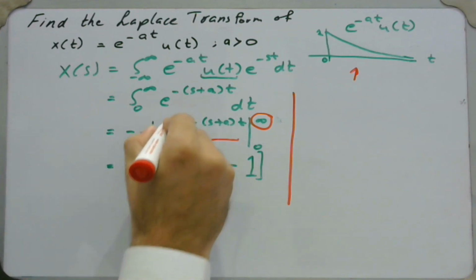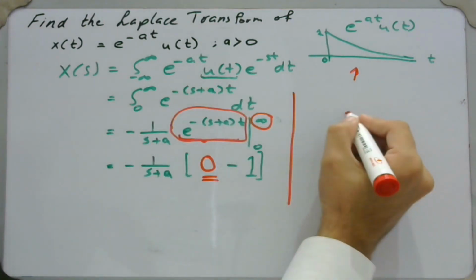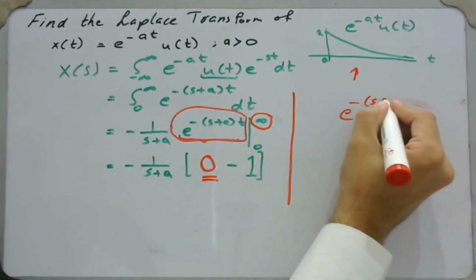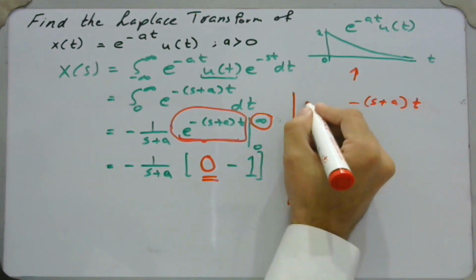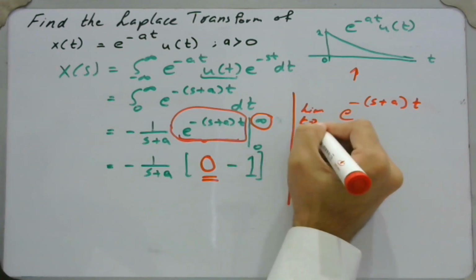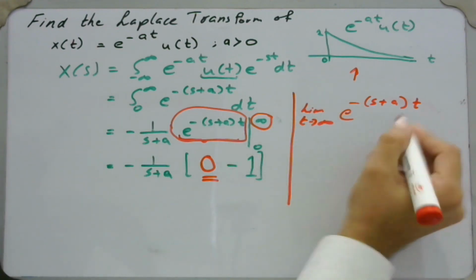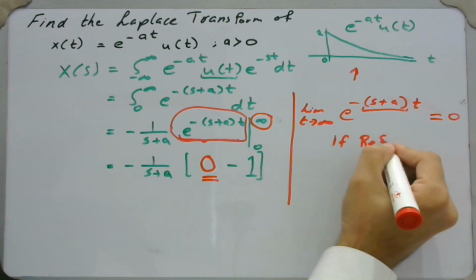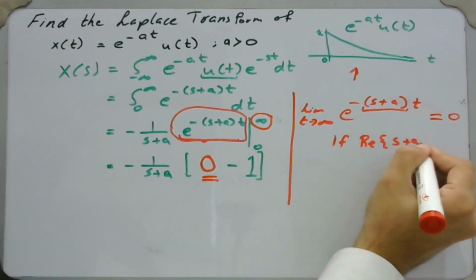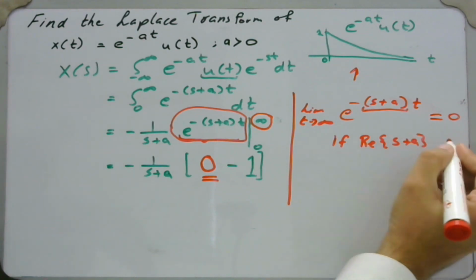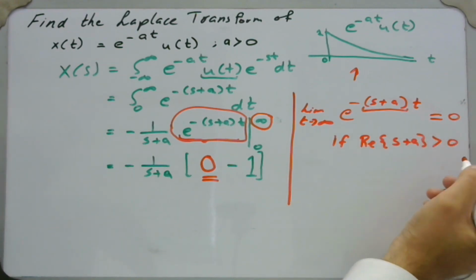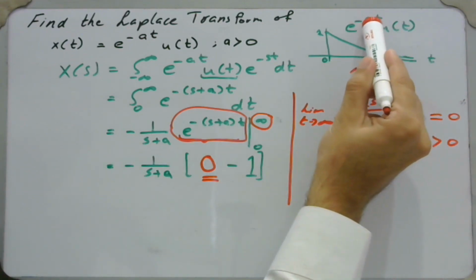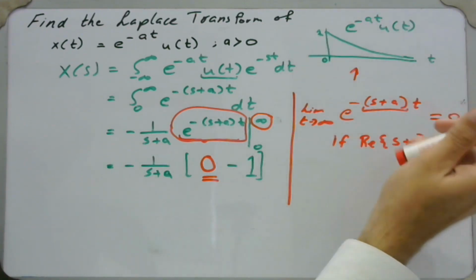We know that this function e^(-(s+a)t), as the limit t tends to infinity, is only 0 if the real part of s plus a is greater than 0. As you can see, a is real and it is greater than 0, so it is converging.